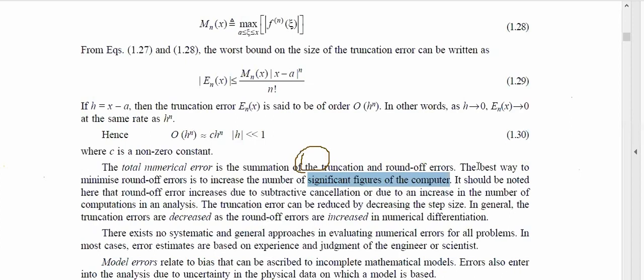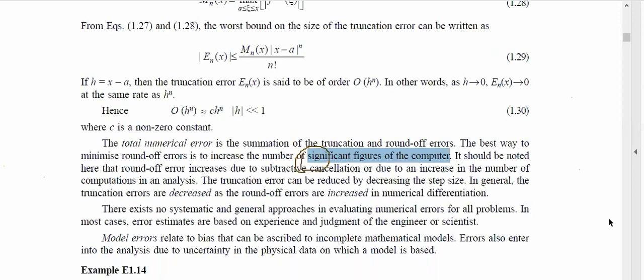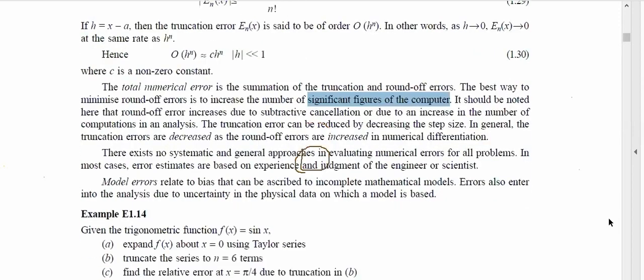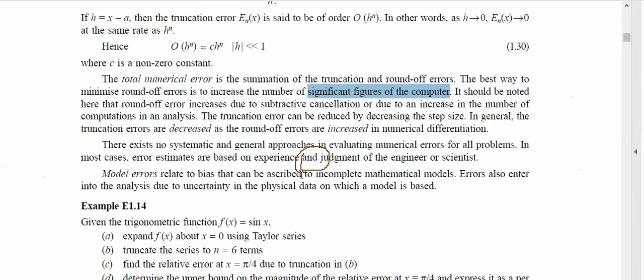Truncation error is only terminating the number of terms after a certain number. So we have the truncation error, we also have the round off error due to limited capacity of the computer, and thus the total error is a sum of truncation error plus round off error. So this is okay. Model error relates to the bias that can be ascribed to the incomplete mathematical models.